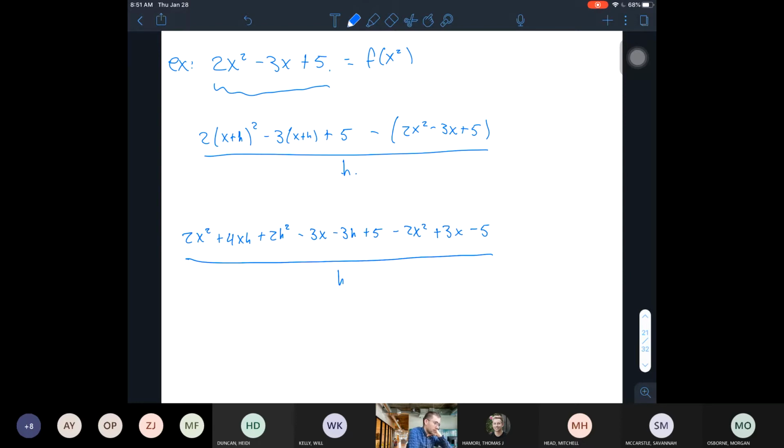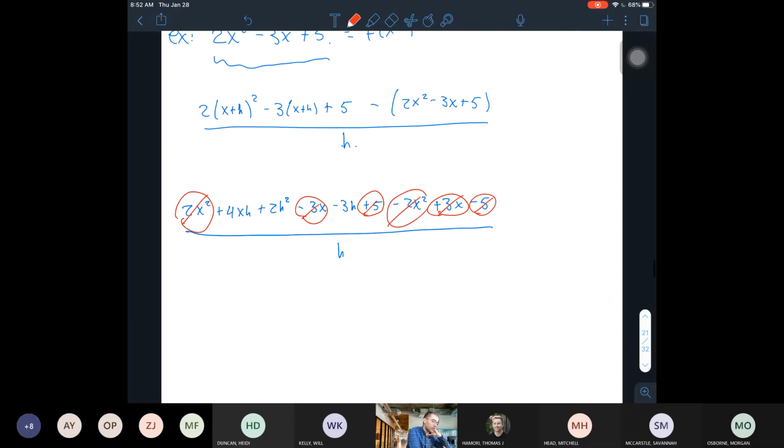And so now I can do some canceling. In particular, I see this 2x squared can be canceled out with the minus 2x squared later on. Also, the minus 3x can be canceled out with the plus 3x. And the plus 5 can be canceled out with the minus 5. And let's just rewrite what we have so far. We've got 4xh plus 2h squared minus 3h, all divided by h.